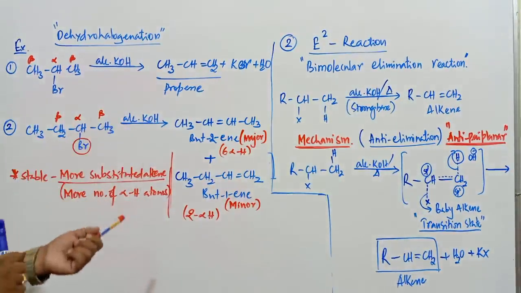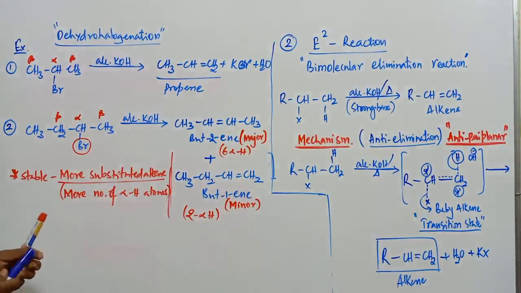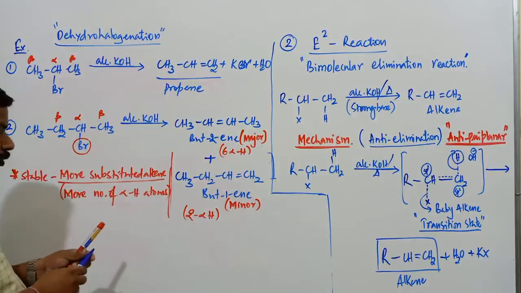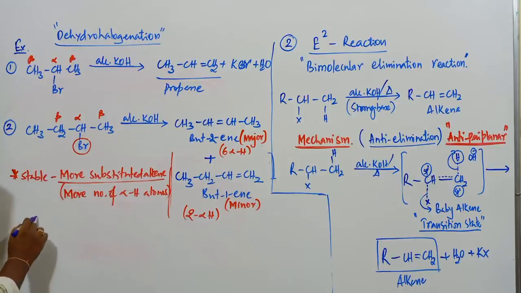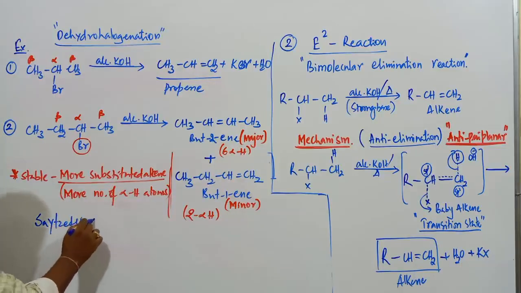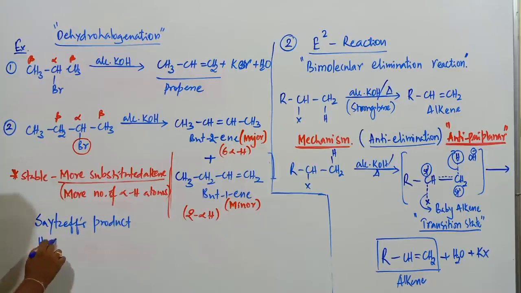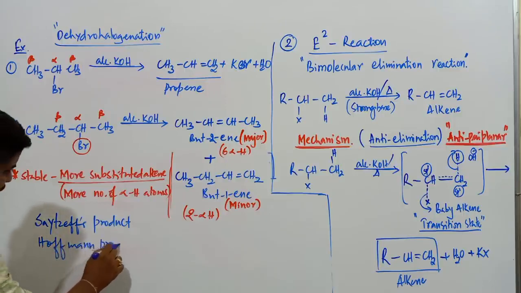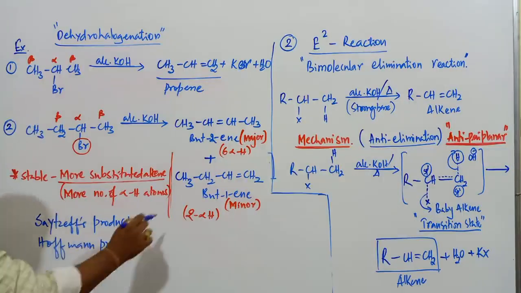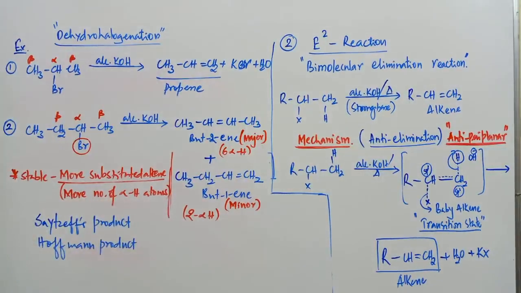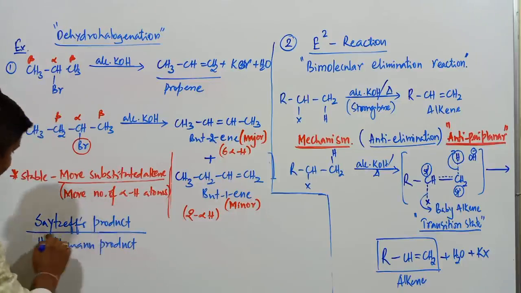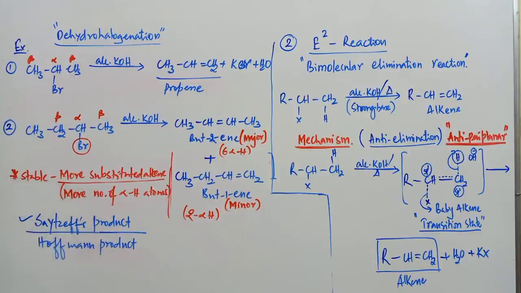Another important thing: in the previous class, yesterday, I mentioned two different types of product. One is going to be the Saytzeff product, and the next one is commonly called the Hofmann product. Now, in these two alkenes, which is the Hofmann product and which is the Saytzeff product? In most elimination reactions, the product obtained is according to Saytzeff.